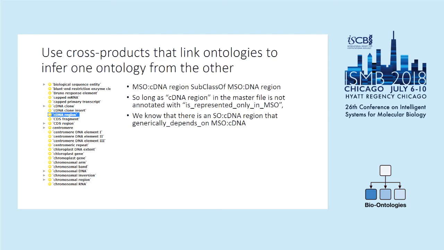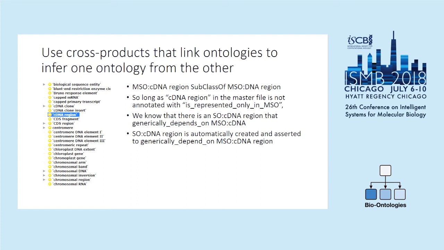We can therefore immediately infer that the SO cDNA region must generically depend, by this relation, on the MSO cDNA region. So our program then declares a class for this SO cDNA region in our nascent empty SO ontology here. And we don't need to do anything more at this point other than assert that this class exists and it generically depends on its MSO counterpart.